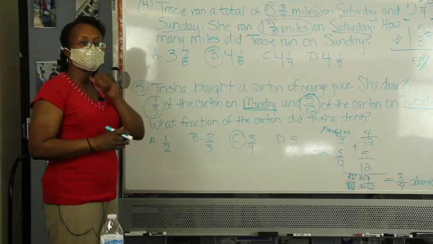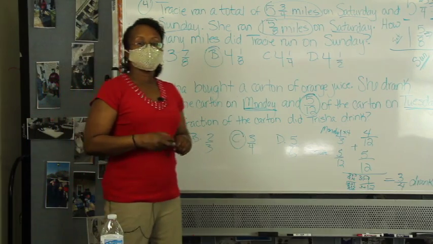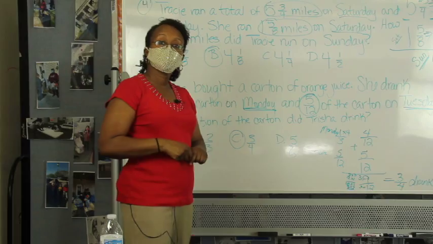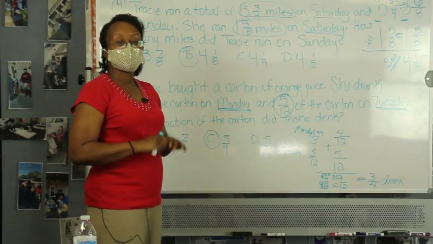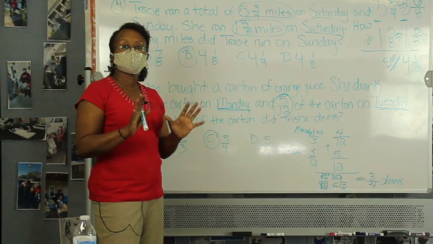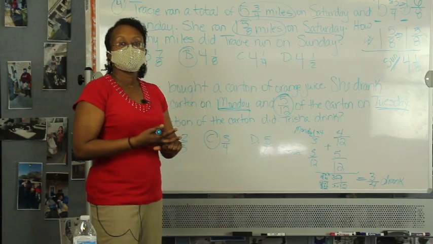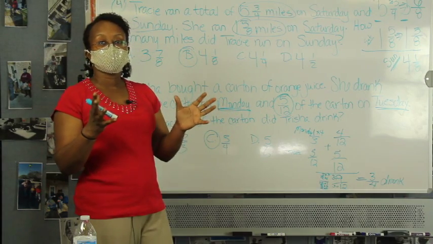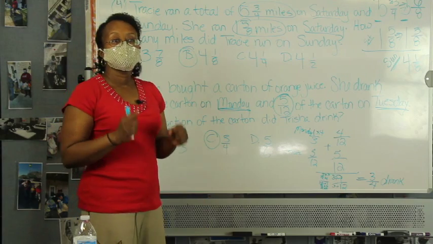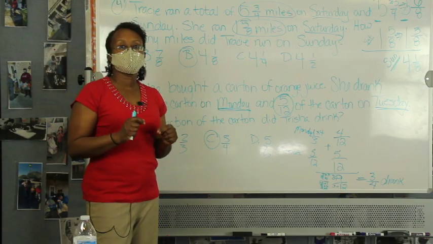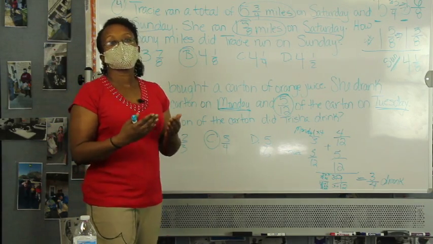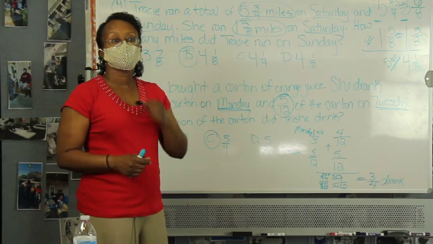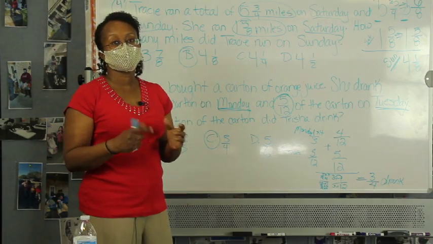So if you had any difficulty with these, that means you need to practice your fractions a bit more, not just by themselves, because you may be able to do the simplifying and the changing of the common denominator. It may be that you need to understand what steps you need to take to solve the problem. So you need to work on your word problems, okay?